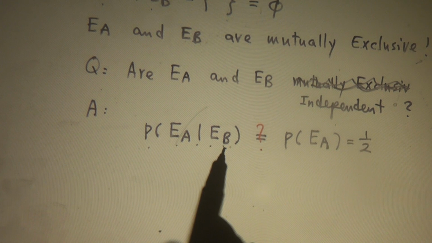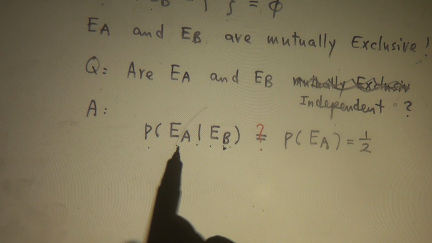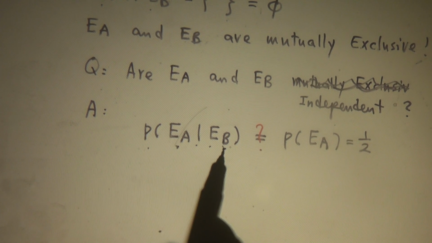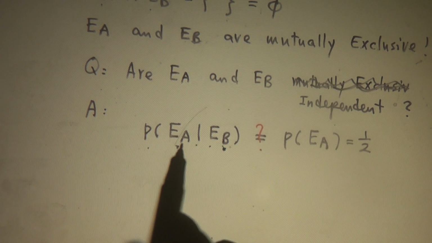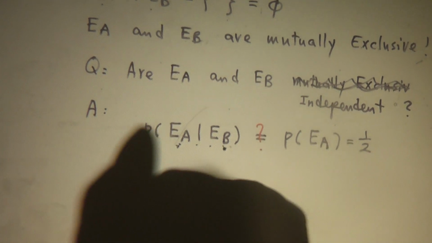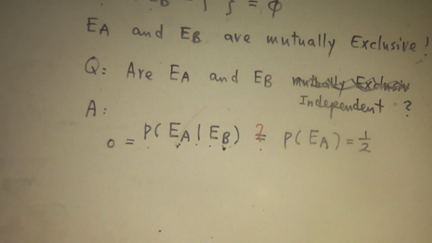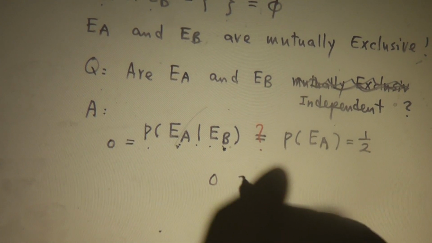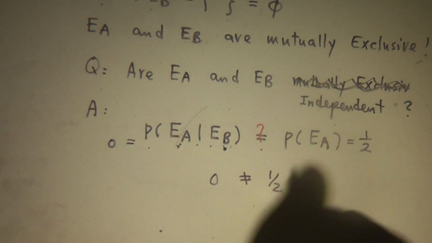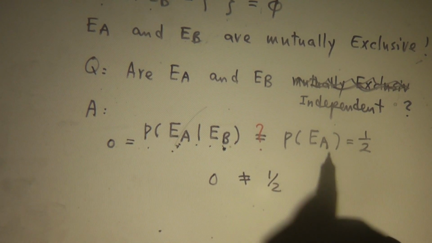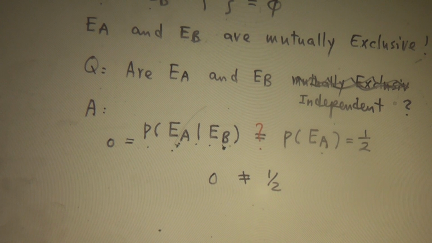If I tell you I see a tail, that means I don't see a head. Remember, we only flip the coin one time. So that is 0. And since 0 is not equal to 1/2, the conditional probability is not equal to the unconditional probability.